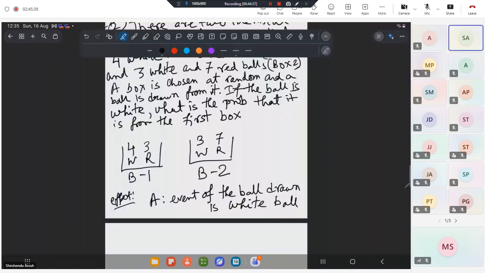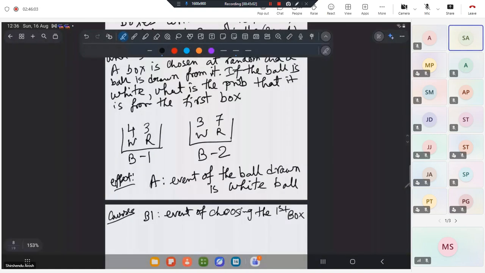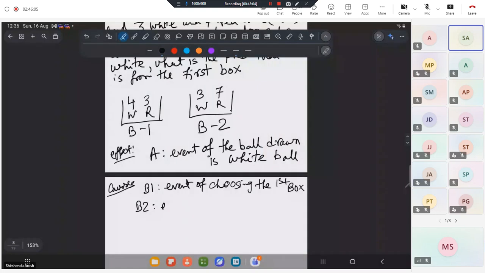Now, what are the causes? B1 is the event of choosing the first box, and B2 would be the event of choosing the second box.